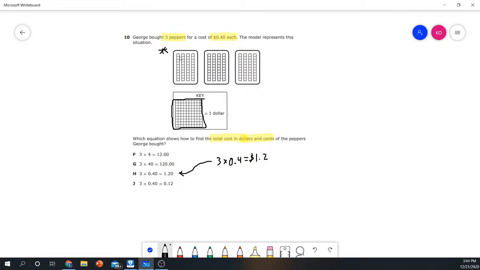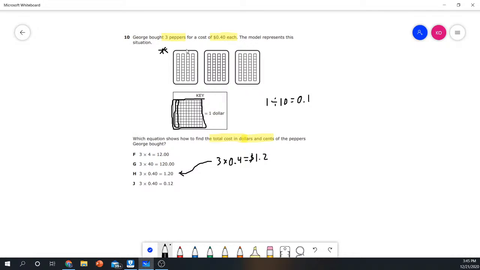We see that there are 4 little columns, and if you count it, there are 10 blocks in each column. And if $1 is this whole thing, that means a column of it would be 1 divided by 10, which would be $0.1 or 10 cents.